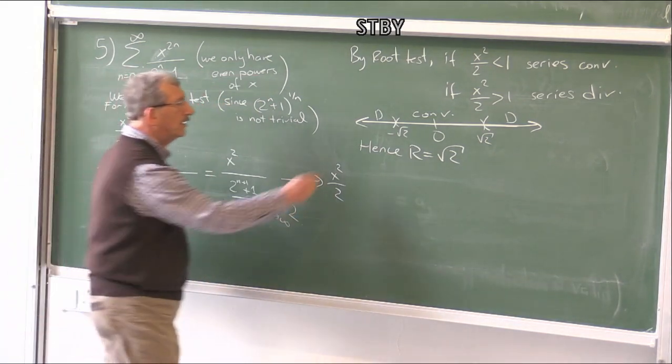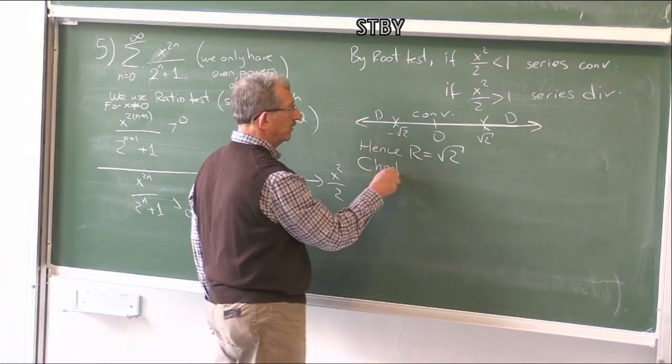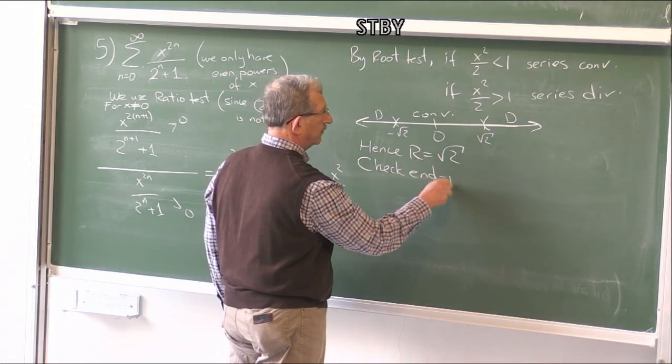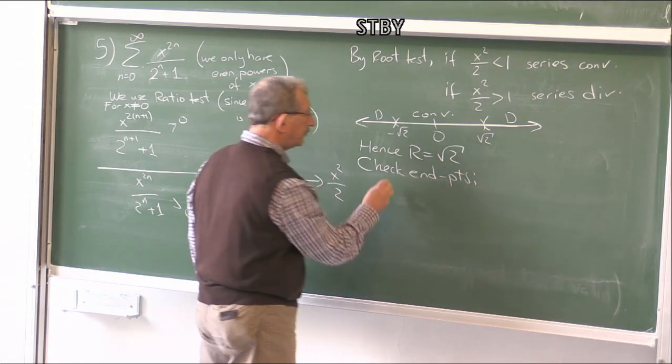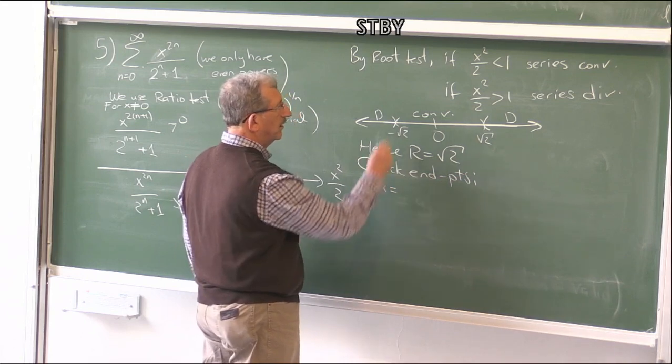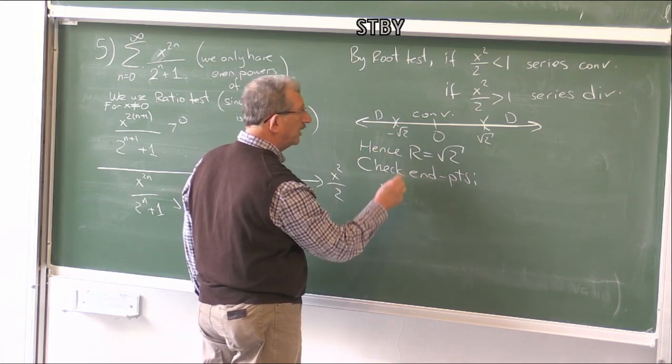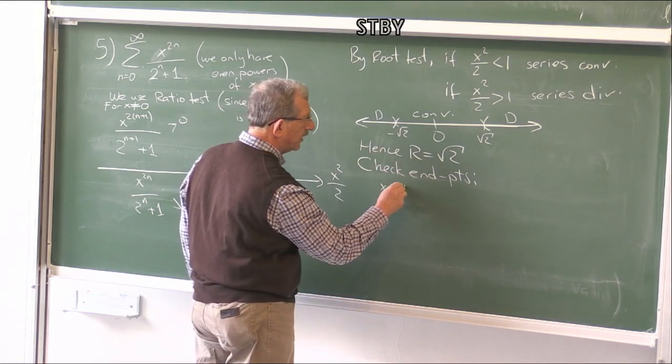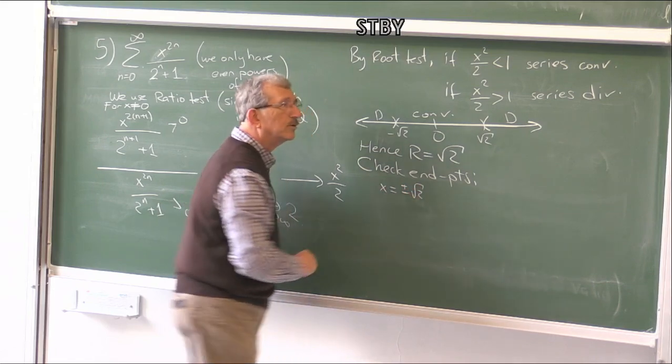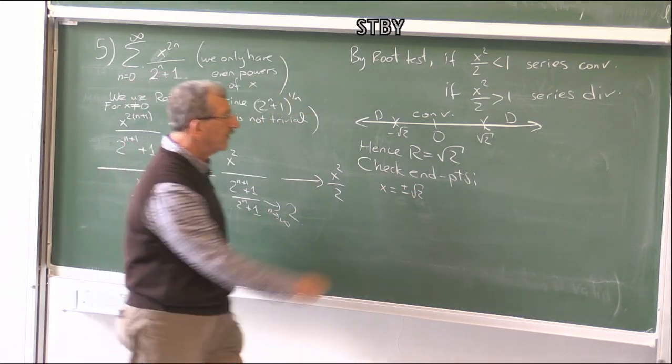For the interval, we check endpoints. If x is minus root 2, actually it doesn't matter, so I will just write plus minus root 2. I will consider both directly.